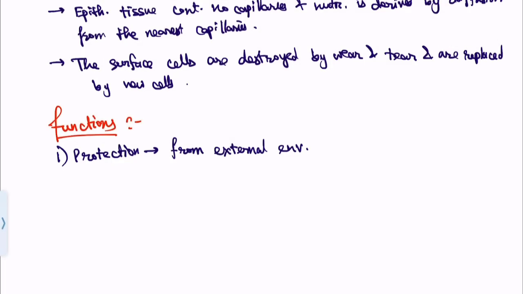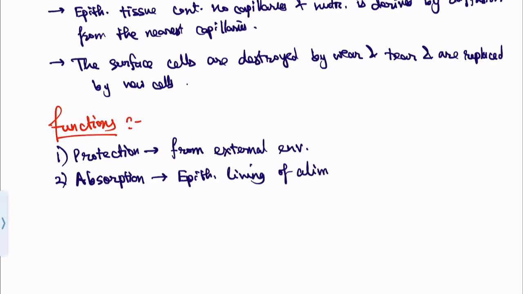Second is absorption. Epithelial lining of the alimentary tract leads to absorption of digested food.